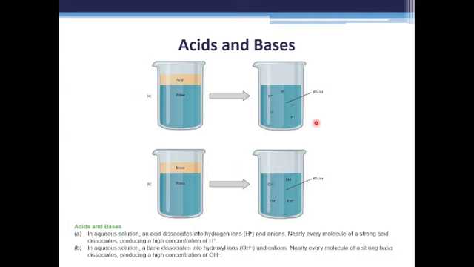I don't know if I said oxygen on the first part, but as I said, acids increase the concentration of hydrogen ions in the solution. Always think acid is associated with hydrogen ions.